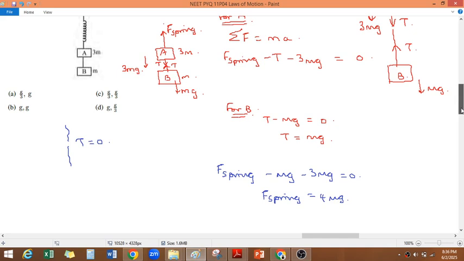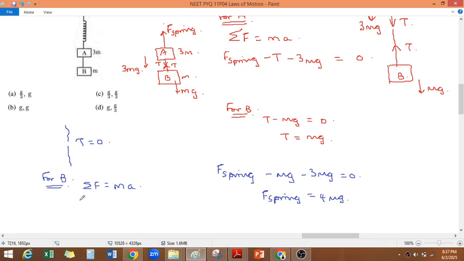Yes, sir. So if I put tension equal to 0 here, then the acceleration will be, for B, again I have to use sigma F is equal to MA. But remember, when you cut the string, it is not in equilibrium anymore, so you have to put MA.